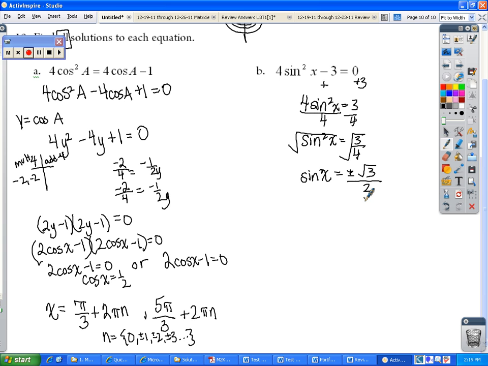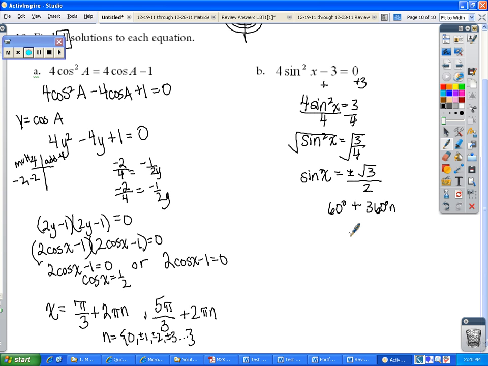So again, I'm looking for positive and negative versions. So actually I have 4 different angles that have this value, where sine is root 3 over 2. The first one is at 60 degrees, and then again, I'm going to add multiples of 360.